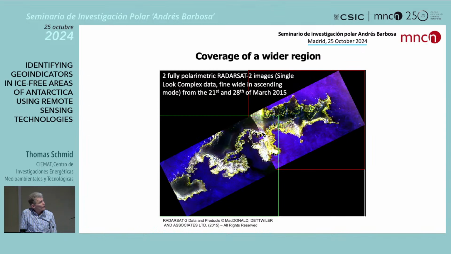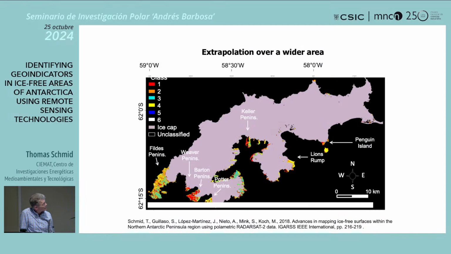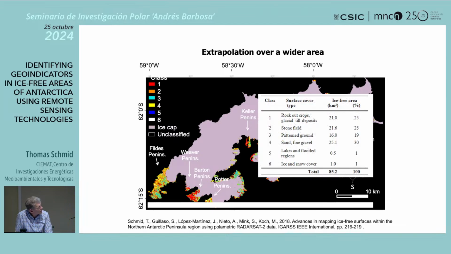We can cover the whole of King George Island with two, in this case, RADARSAT images. We're using fully polarimetric data, and this has been processed so we can cover the whole island. These are interesting results, because in the end what we obtain is the surface cover, the percentage of area covered by the different land surface covers.